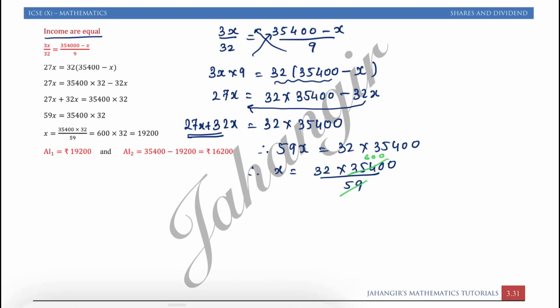So the final answer you will get as 32 into 600, that is 19,200.